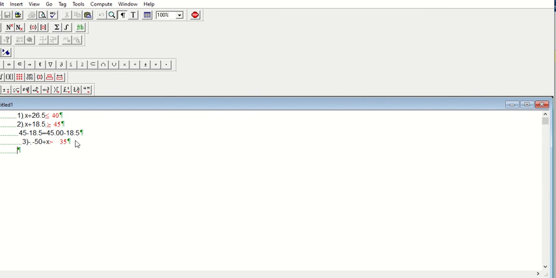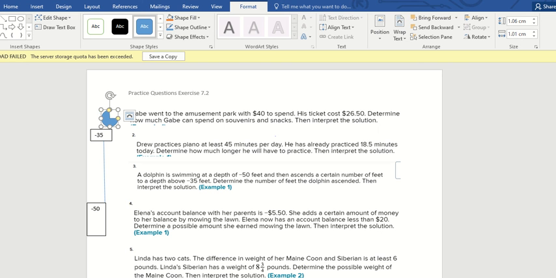Let's see one more statement for question number 4. Alina's account balance with her parents is minus 5.50, which means the parents have money from Alina. She adds, now see, this is add, which means plus minus 5.50 is the money with the parents, plus she adds a certain amount to her balance by mowing the lawn.